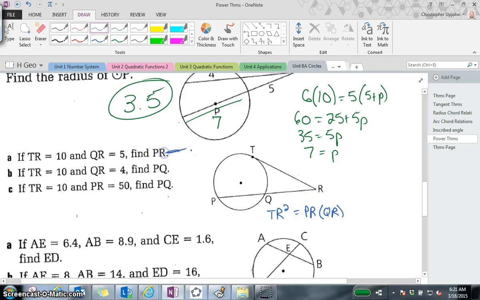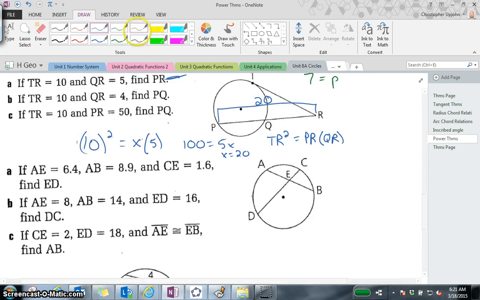We'll do letter A. So R squared equals PR, which we don't know, so that'll be x, times the outside part, which is QR. So not real difficult. 105 equals 5x, divide by 5, x equals 20, and 20 was our whole segment, PR. Pretty straightforward.